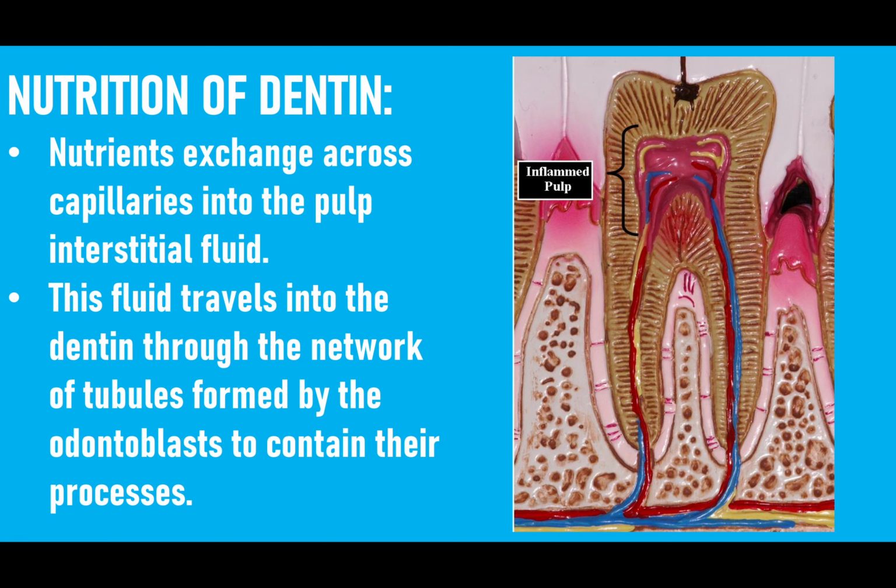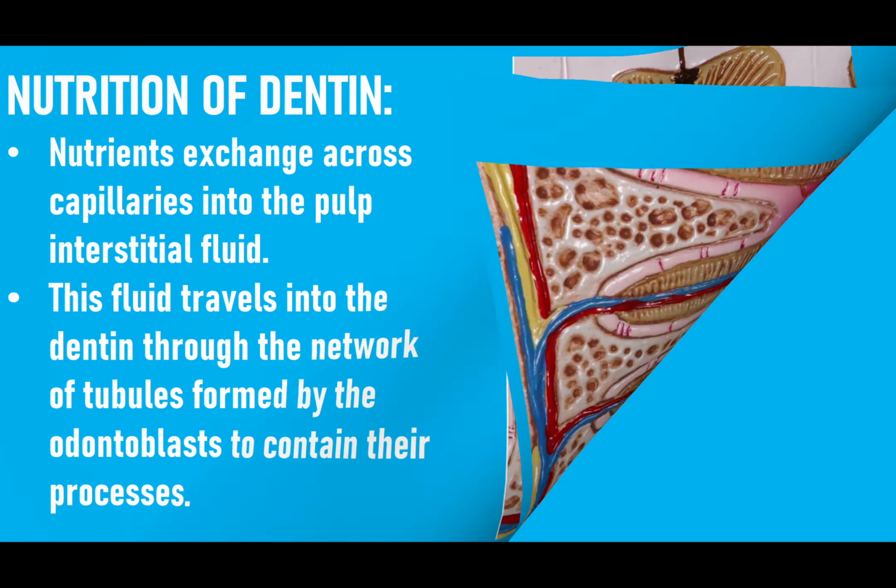And that's the reason we say that nutrition of dentine is provided by pulp, because all this nutrition goes from pulp to the dentinal tubule, and the nutrition of the dentine is done at the expense of the nutrition that is in the pulp.